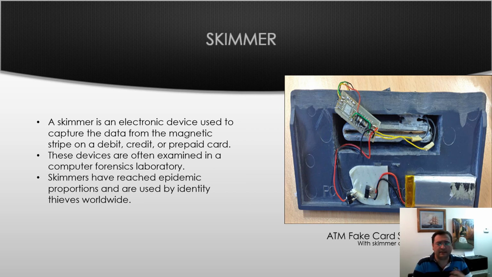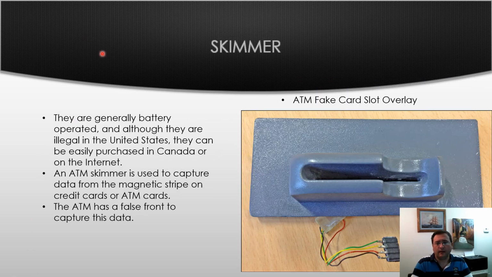So there are ATM fake cards, slot overlays, and with skimmer devices, these can be very harmful, and they can collect thousands of credit card information from a central location. Skimmers are generally battery operated, and although they are illegal in the United States, they can be easily purchased in Canada or on the internet.